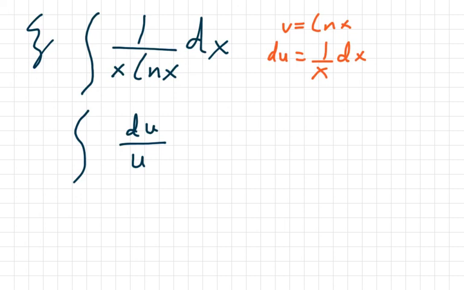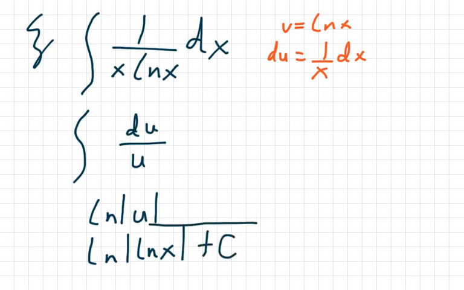So I can say ln absolute value, just like our rules said, and then substitute my u term back in there, ln absolute value of ln x, because that's what u is equal to, plus a constant. Now, one way we can check to see if this works is to do the derivative of it. The derivative of ln of ln x is 1 over ln x times the derivative of ln x, which is 1 over x. So it does work.